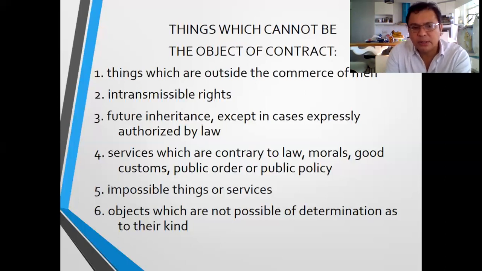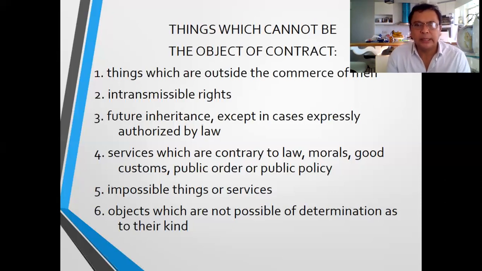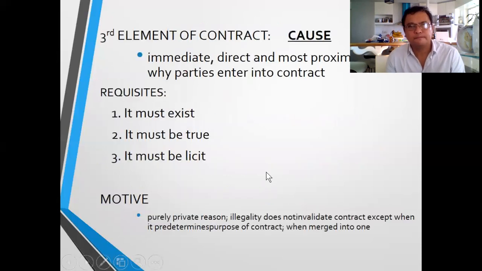Impossible things or services, objects which are not possible of determination as to their kind. So these services are illegal. Like I will give you 10,000 pesos if you will assassinate your neighbor. That is illegal, so contrary to law.